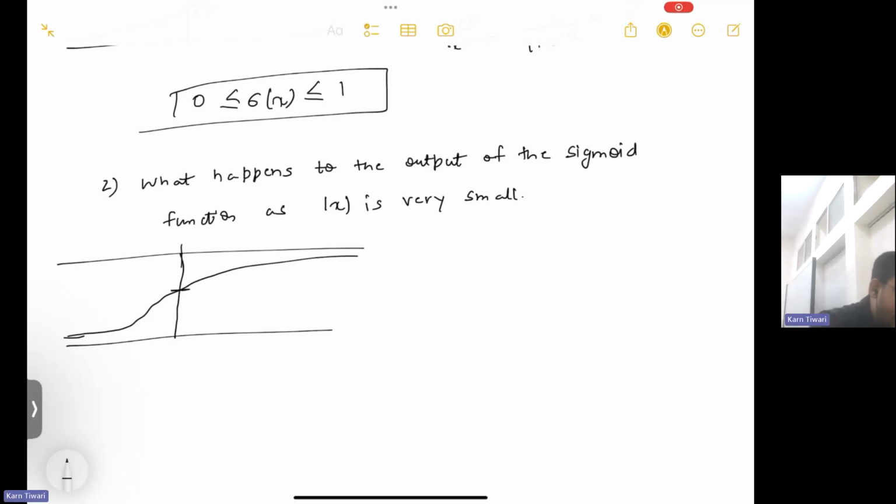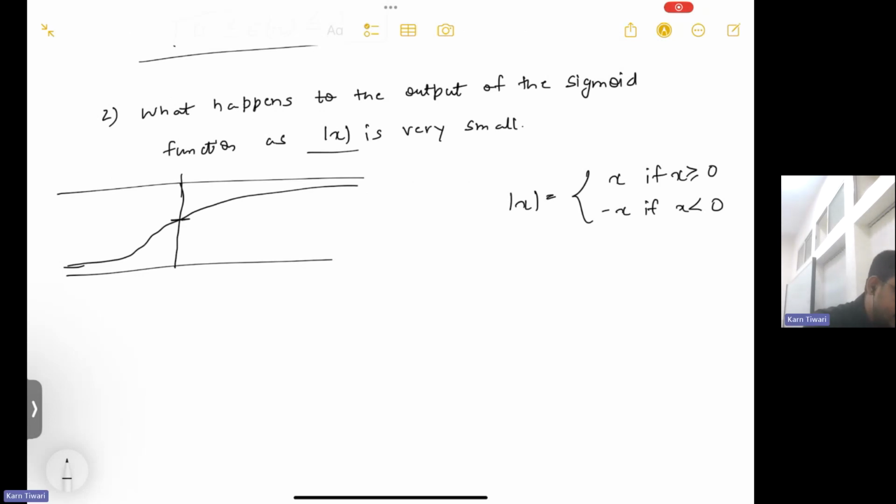Now mod x. What's the function of mod x? Mod x is equal to x if x is greater than or equal to 0, and minus x if x is less than 0. So sigma x from minus infinity to 0 takes values between 0 and 0.5. It is asking about mod of x being small, meaning nearby to 0.